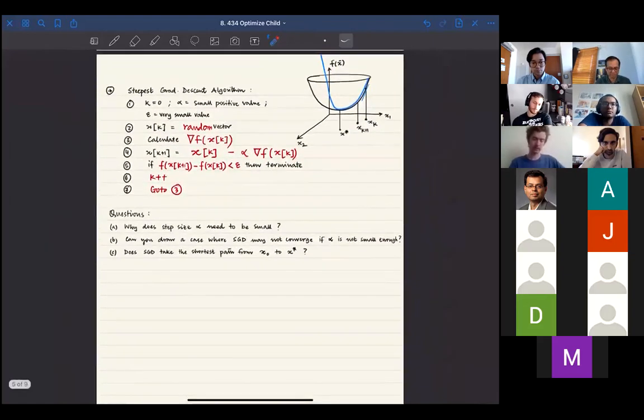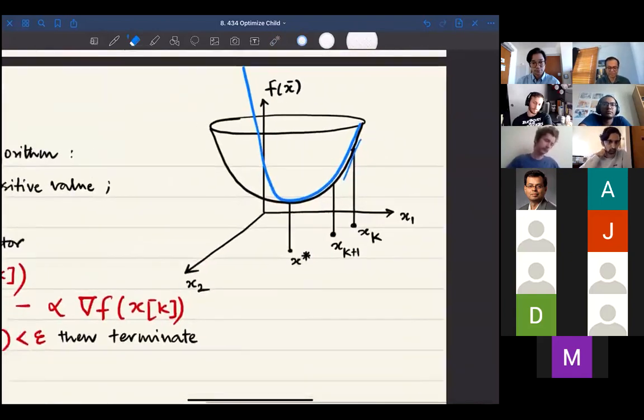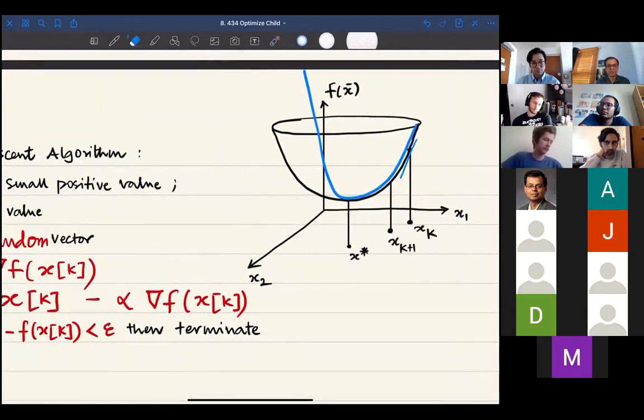Do you not run into that problem if f of x is symmetric? No, you don't. You still can run into that problem, right? How would you run into that problem if it's symmetric? Oh, because if it is symmetric, you're right.